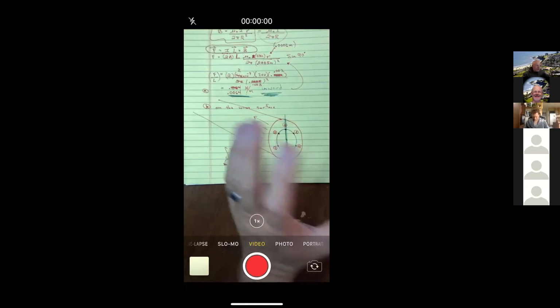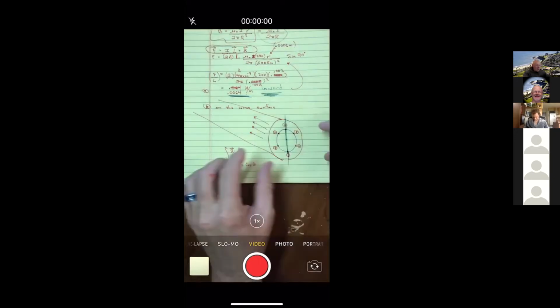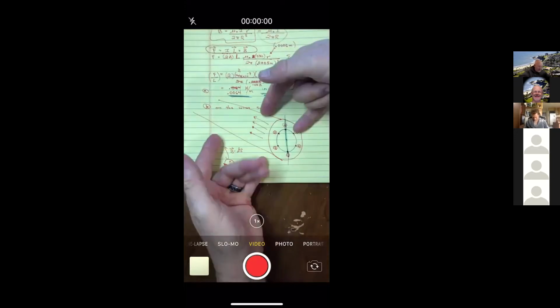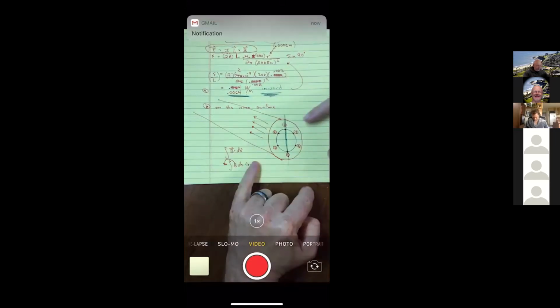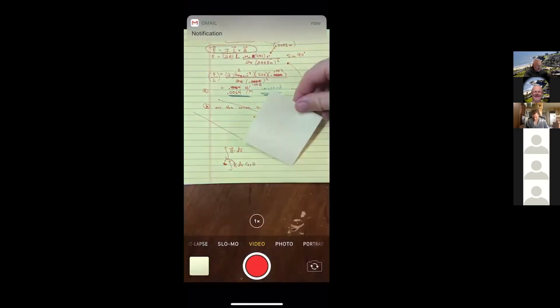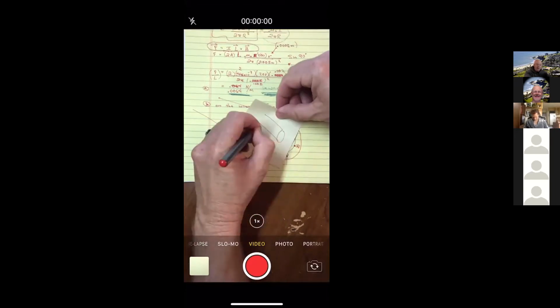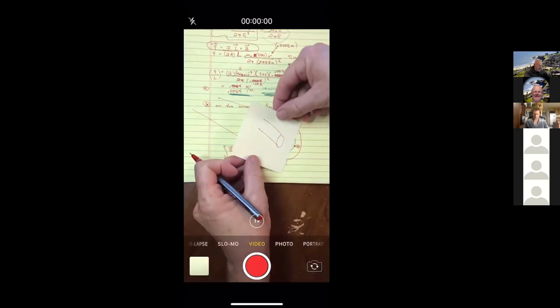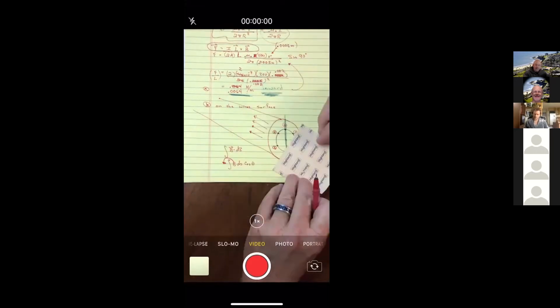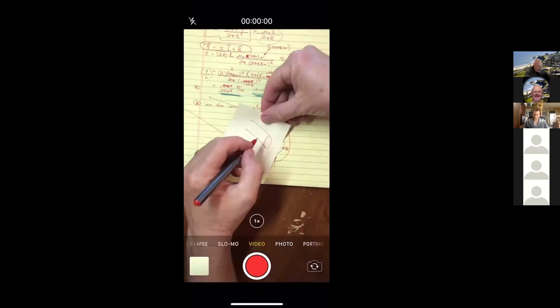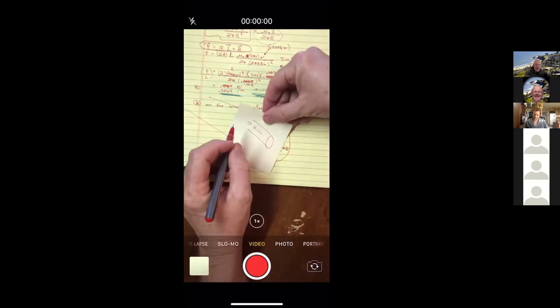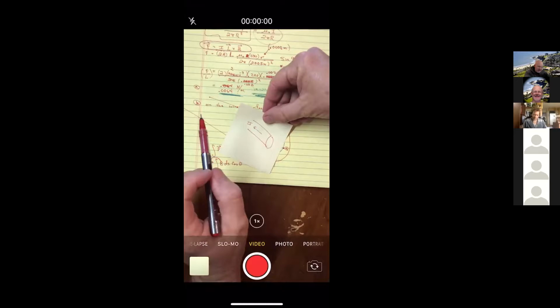Okay, so what if I were to take this whole thing and flip it? It makes me wish I had drawn it on this Post-it. So here it is on the Post-it, and what happens if I flip it? Well, if I flip it, the current, and let me say it again, the current is what makes the field.